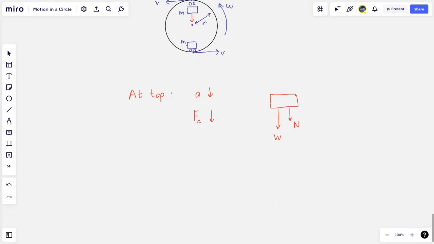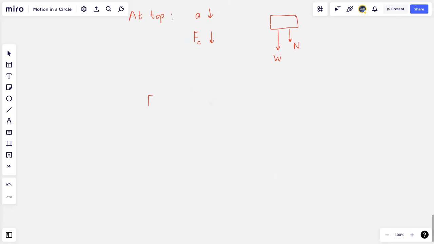And so the resultant force, since it is downward, must be the sum of these two downward forces, the normal reaction force and the weight. Using the equation we derived before, this means that mv squared over r is N plus W.